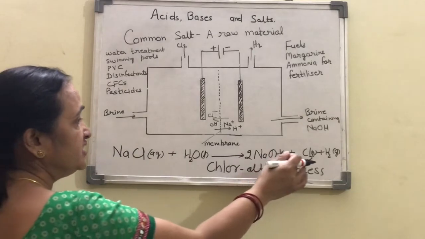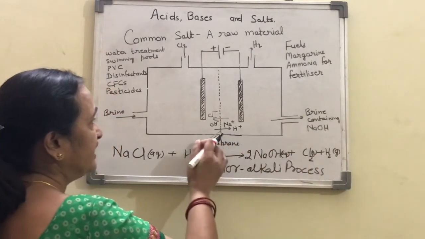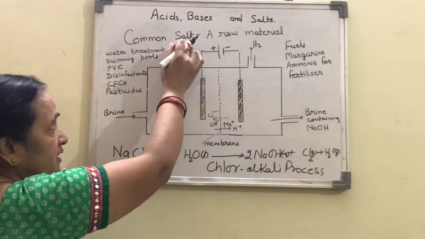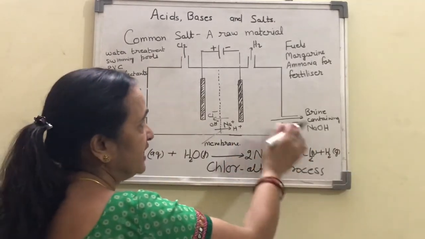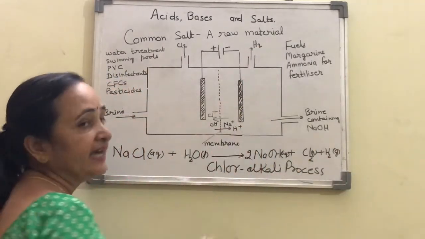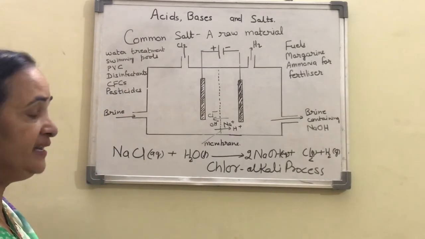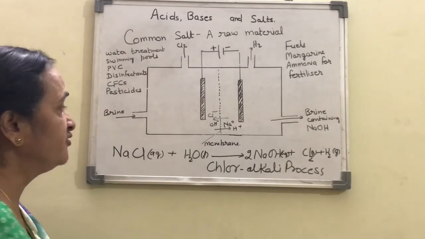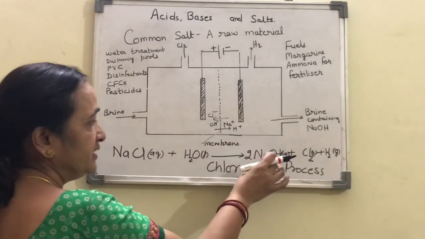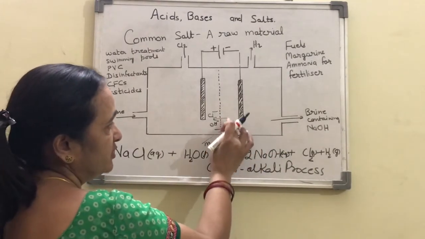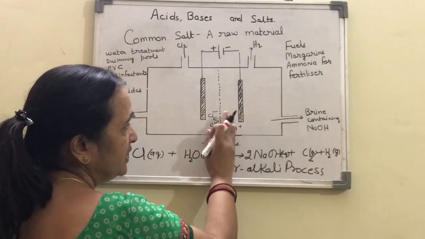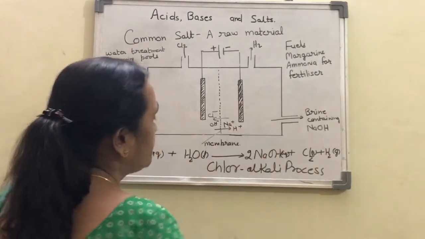So always this chlorine gas is collected near the anode, and hydrogen gas is collected near the cathode, okay, and the sodium hydroxide is formed near the cathode.